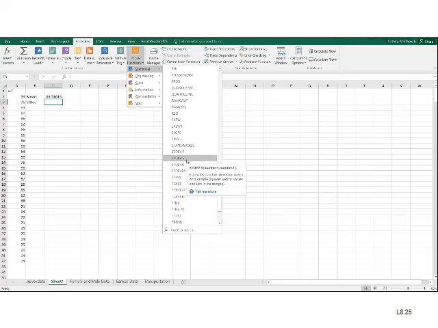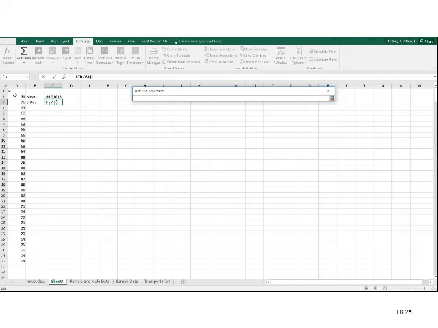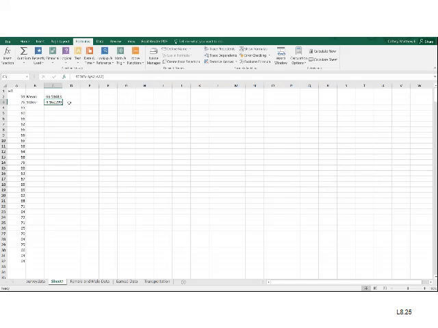The second one is for a sample. Since this is a sample, I will choose the latter. I'll click the button beside number 1 to minimize this window, and I'll select our data again. And I'll click OK. Our standard deviation is 4.16.